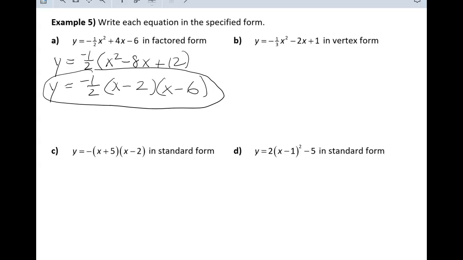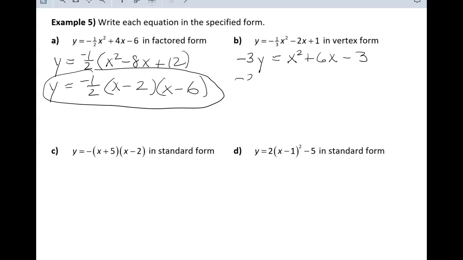Right, in B, if we want to move an equation into vertex form, we're going to use the complete the square method. So let's get the value of a equal to 1, or the x squared coefficient equal to 1, by multiplying both sides by -3. So we have -3y equals x squared plus 6x minus 3.